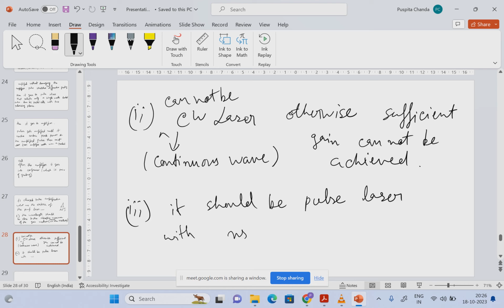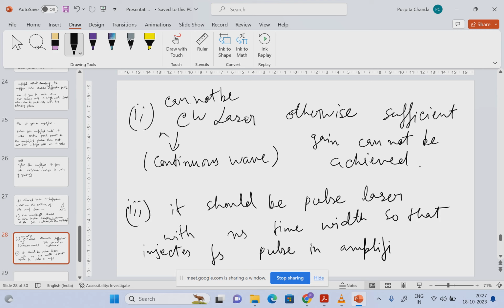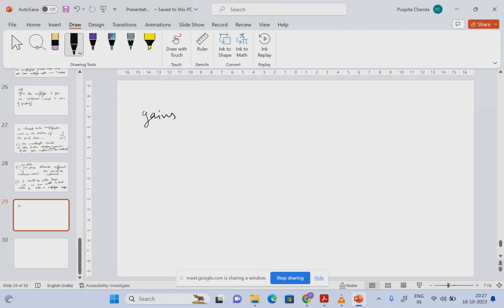With nanosecond time limit, so that the injected femtosecond pulse in the amplifier region gains in energy in multiple rounds.